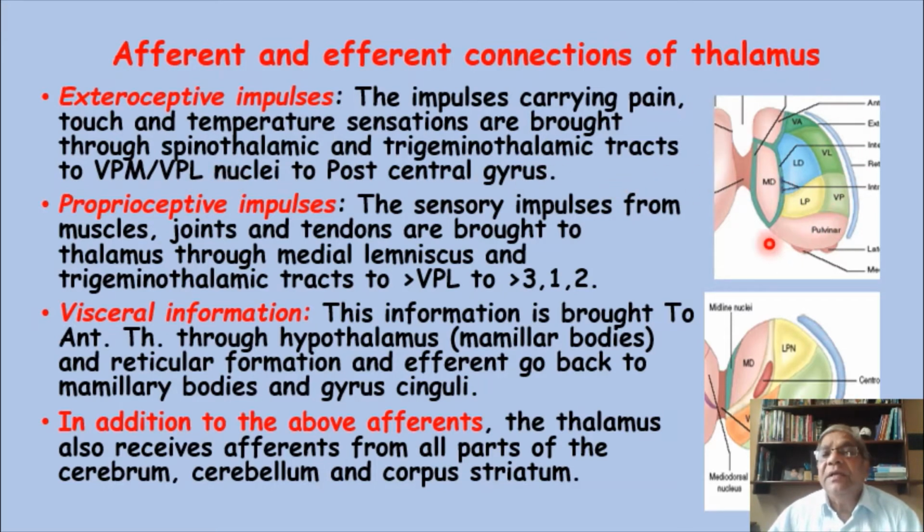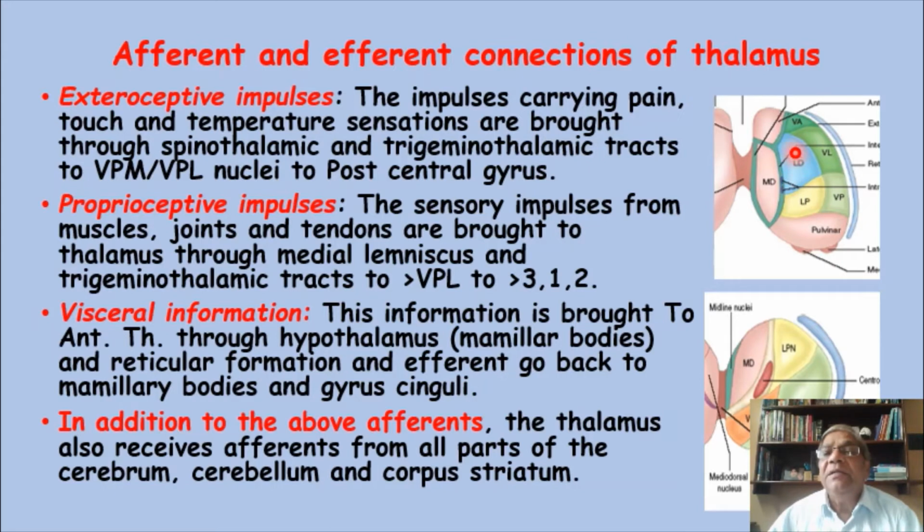Now, just a brief review of this horizontal section showing the various subdivisions of the nucleus. This is the anterior nucleus, and I will tell you about it. Then this is the medial part of the nucleus, which has the midline nucleus and the medial dorsal nucleus, and this is the lateral part, which has many nuclei.